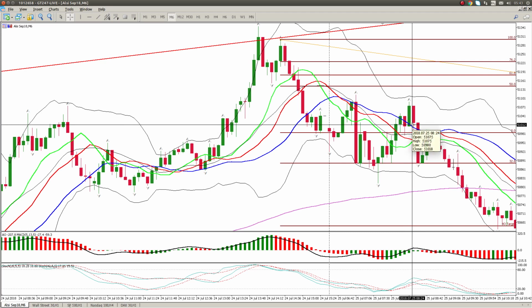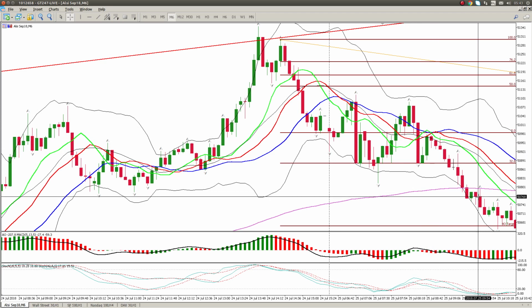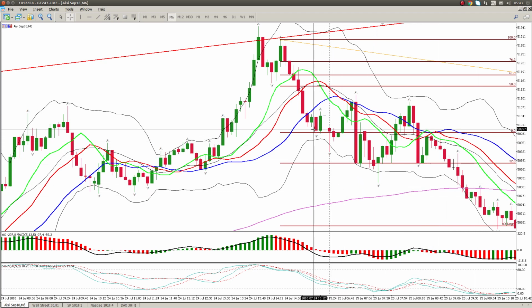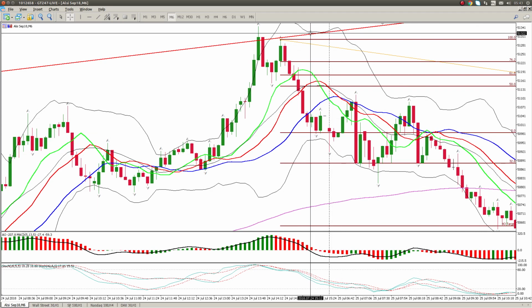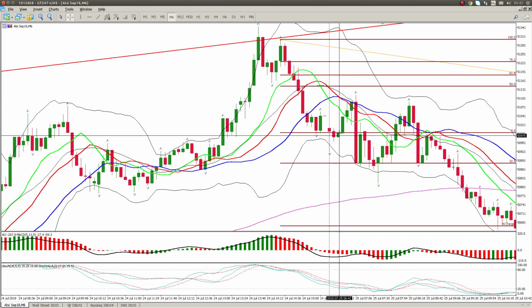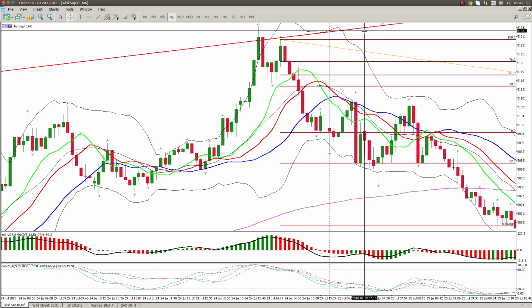We had a good breakdown, used the 32.8 as support, and then used it again, bounced up, and then short it is. So many ways to play it. You could have traded the short here, your stop being above this level, or you could have waited for this pullback. You got your signal, waited for the pullback, got in short here, and your stop still up above the height of the range.